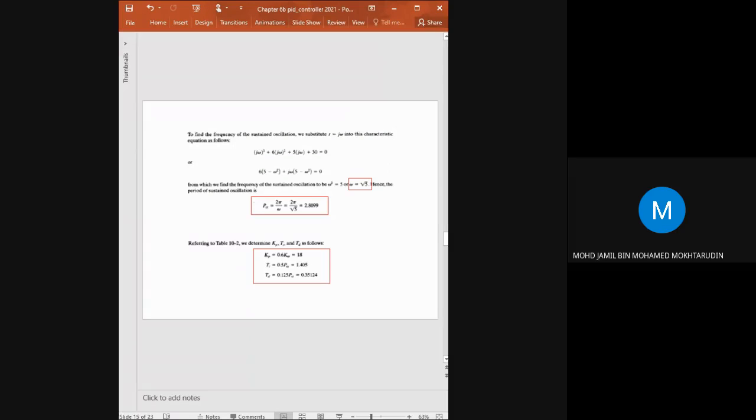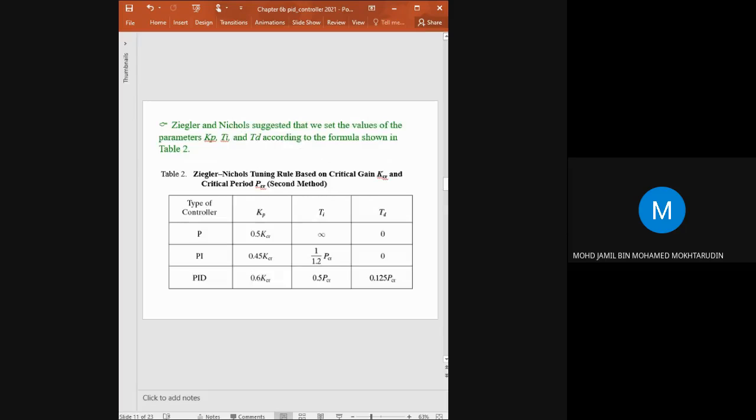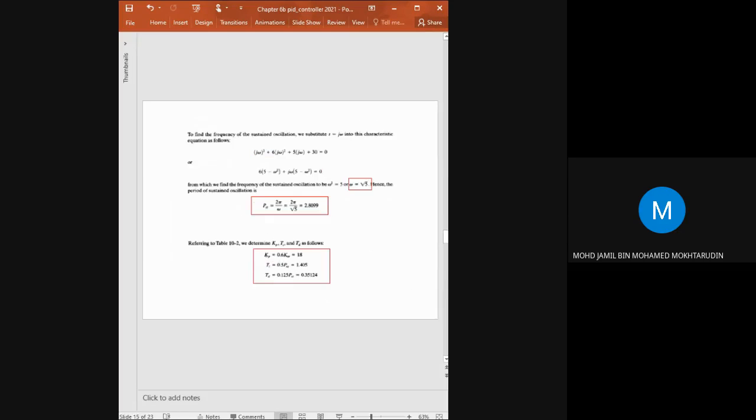So you use the value Pcr here and the value Kcr that we obtained just now in the table. Substitute Kcr and Pcr in the table, and you get Kp, Ti, and Td. In this example, the value of Kp equals 18, Ti is 1.405, Td is 0.35124.